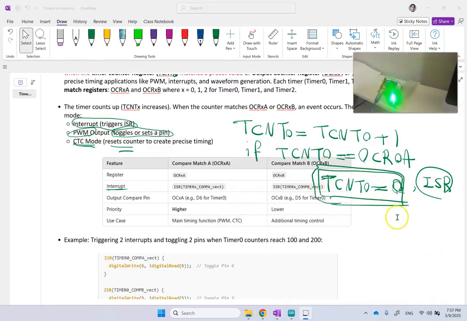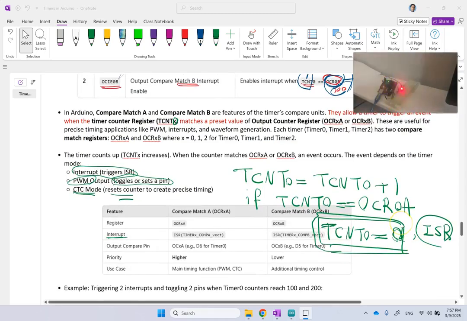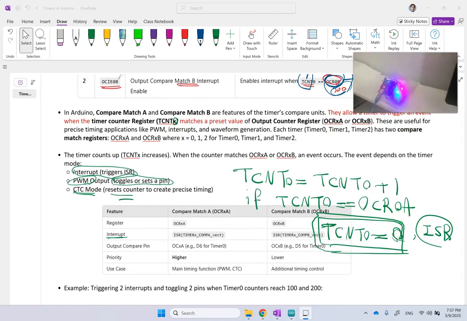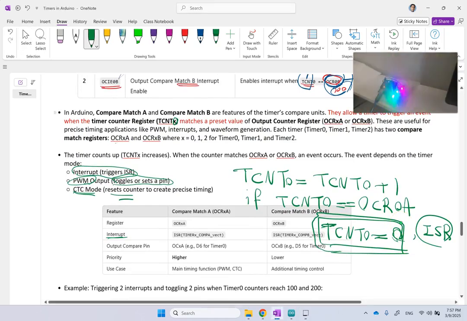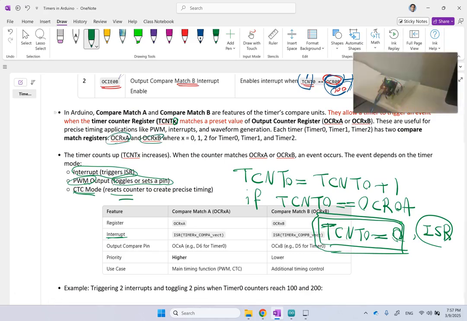One last thing before I go to these examples is, you see that I have 2 of these compare match registers. One is OCR 0 or 1 or 2, A, the other one is B. And for each one of them, I can use a separate number, of course, right? So between these two, which one has higher priority? Which one is going to go and activate the ISR first or reset the counter or anything? It's A. A has higher priority.